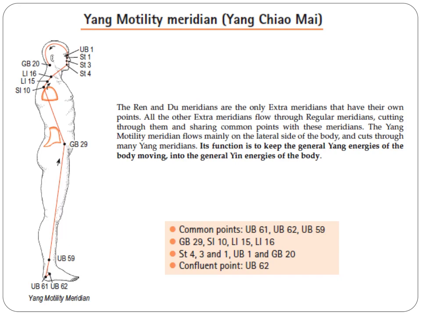And then we have stomach 4, 3, and 1 on the face, and bladder 1 and GB20 at the neck. Bladder 1 is near the eye. The confluent point of the Yang motility meridian or the Yang Qiao Mai is UB62.